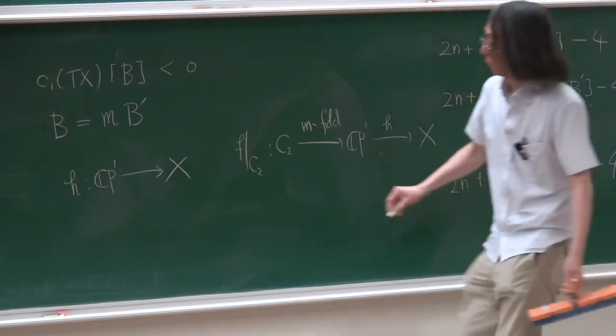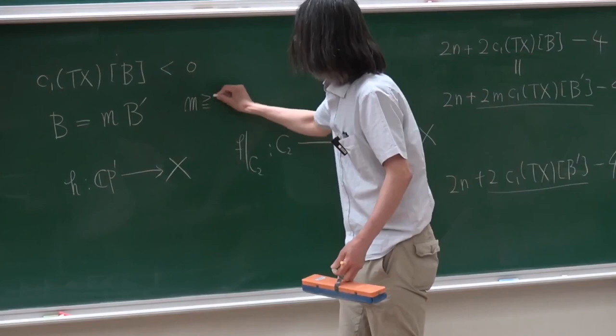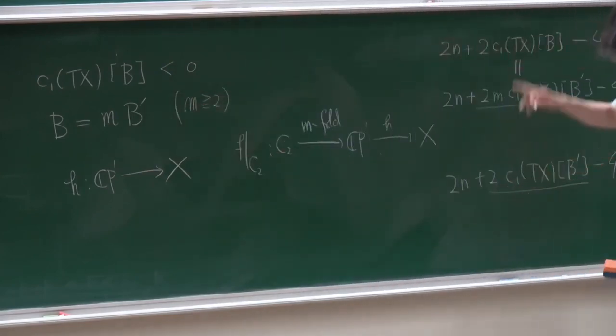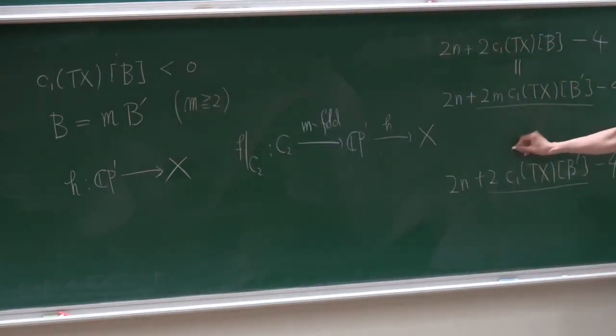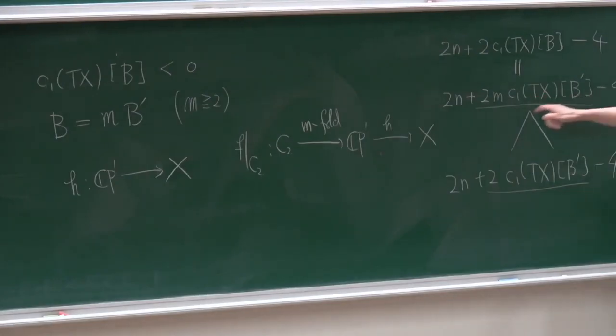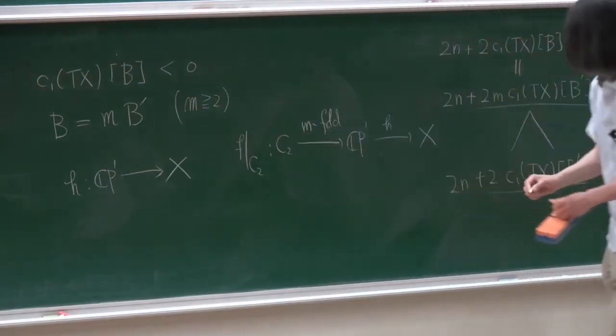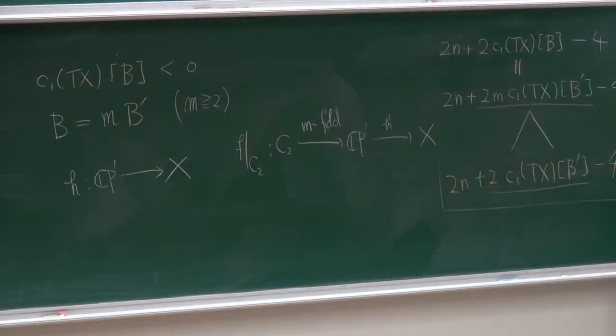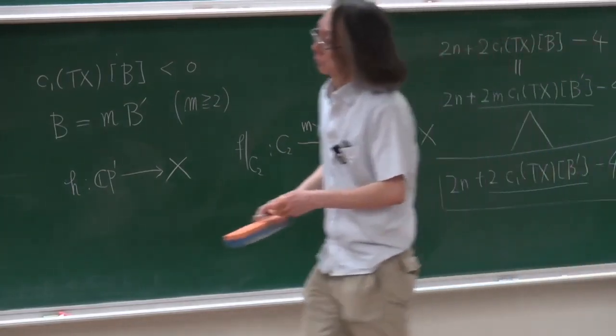But m is bigger than or equal to 2, and because c1(TX)(B') is actually negative, this one is actually bigger than this.